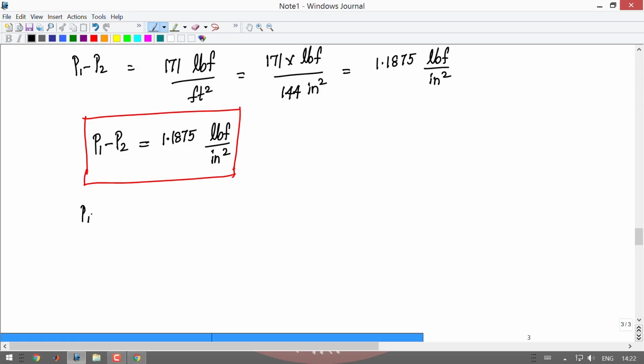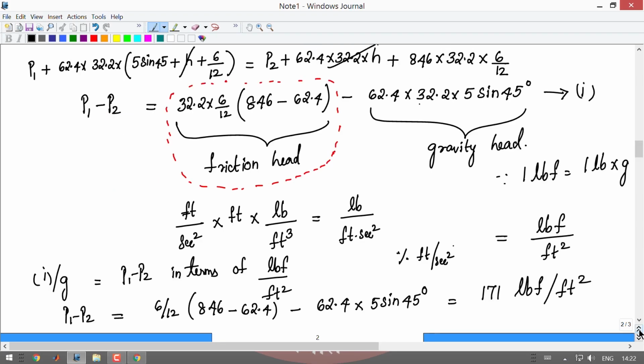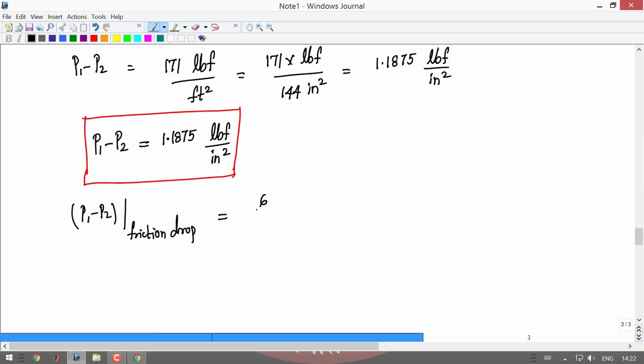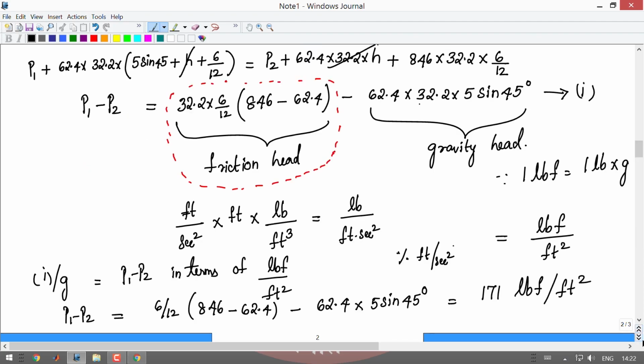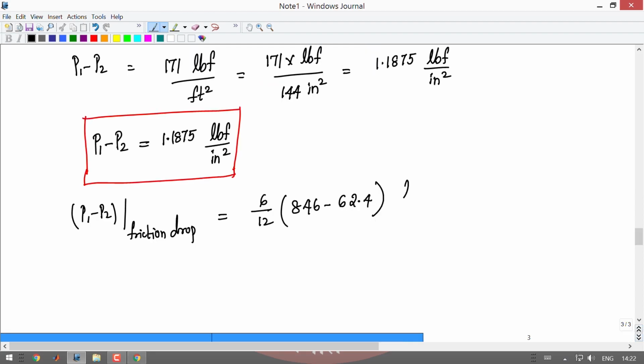So, P1 minus P2 due to only friction drop will be this term, 6 by 12 times 846 minus 62.4, in LB force per feet square.